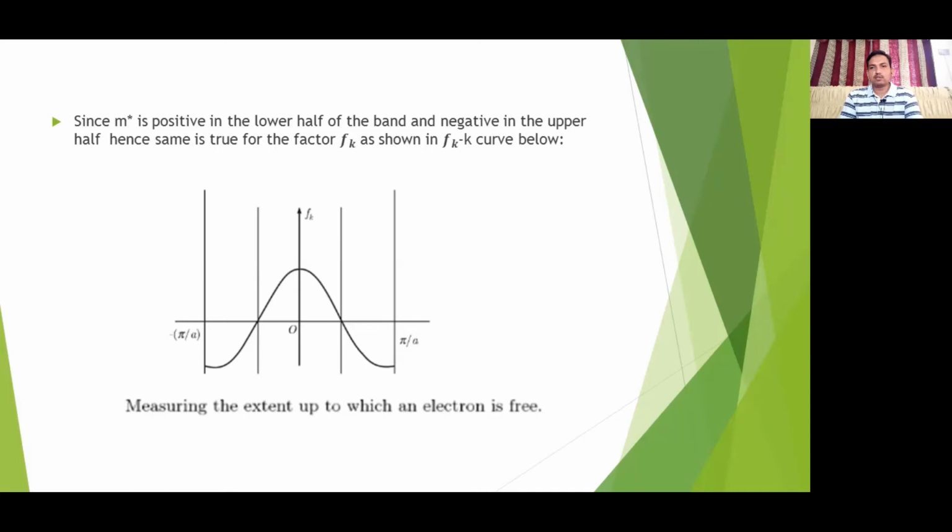The same effect happens to this factor f_k. It has positive values for the lower half of the band, for smaller values of k, and negative values for higher values of k. When it has a negative value, we can say that we are dealing with holes in regard to the electrons, that is, the positions where there is the absence of an electron.